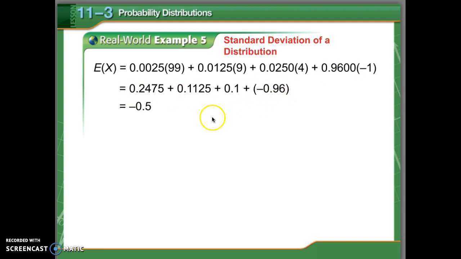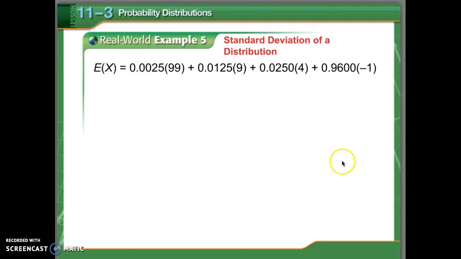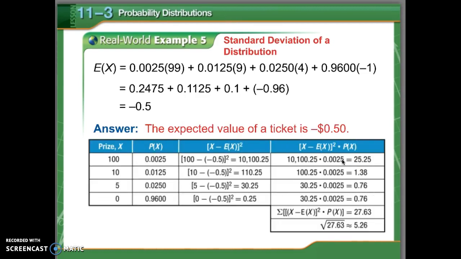You add all that up, and you get negative 0.5, meaning that the average person who plays into this raffle will lose 50 cents. So our expected value is negative 50 cents.